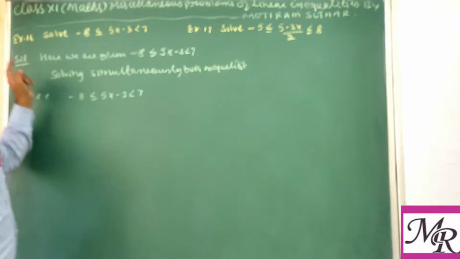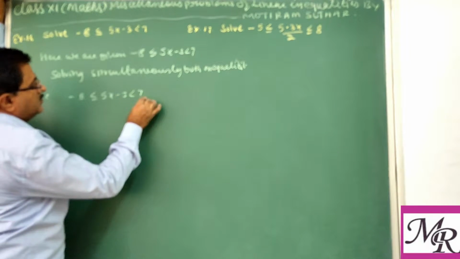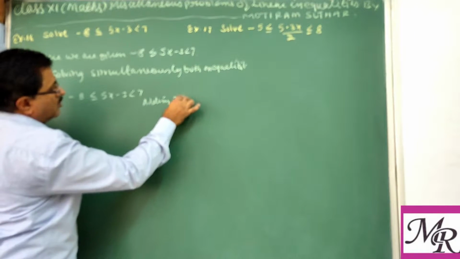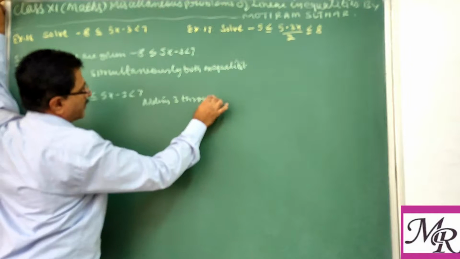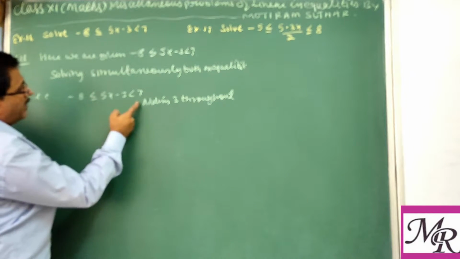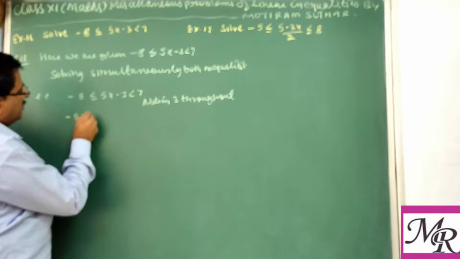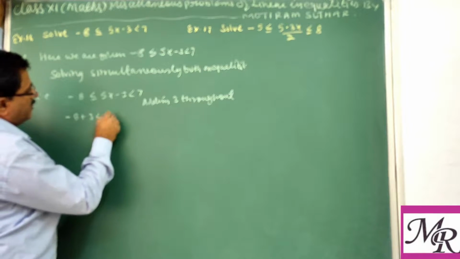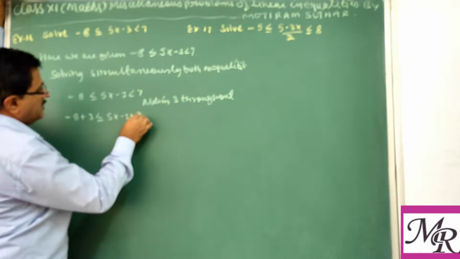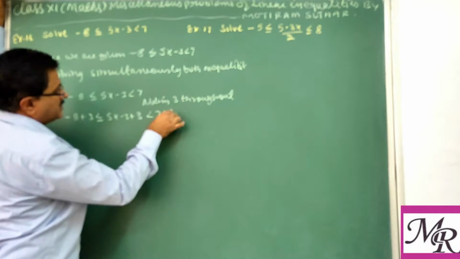To remove this -3, we add 3 throughout the double inequality. So -8 plus 3 less than or equal to 5x minus 3 plus 3 less than 7 plus 3.